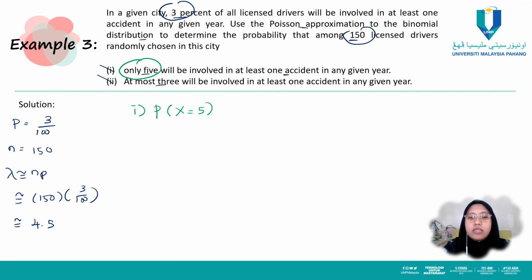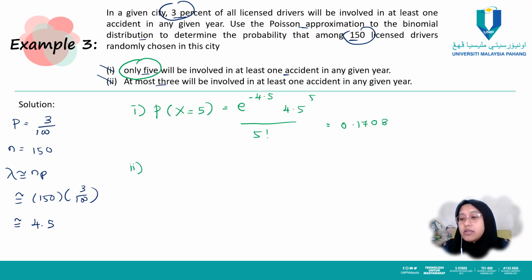So substitute into the formula: exponent to the power of minus 4.5 multiplied by 4.5 to the power of 5 divided by 5 factorial. So just use your calculator, and you will have 0.1708.